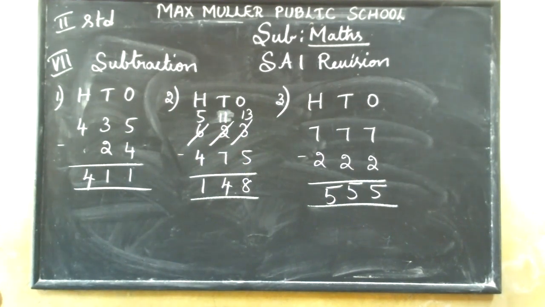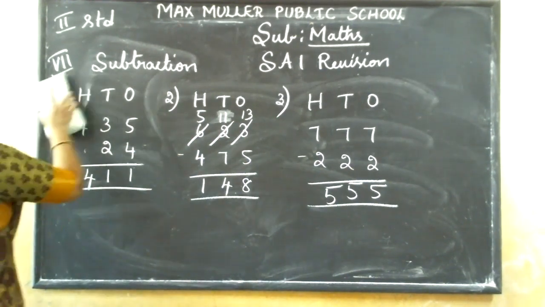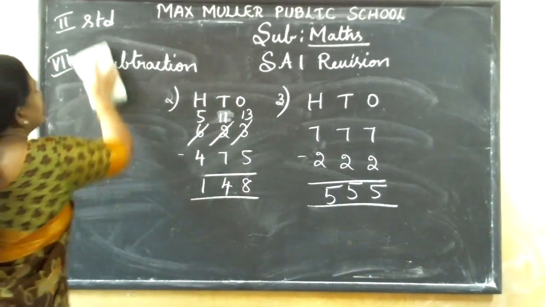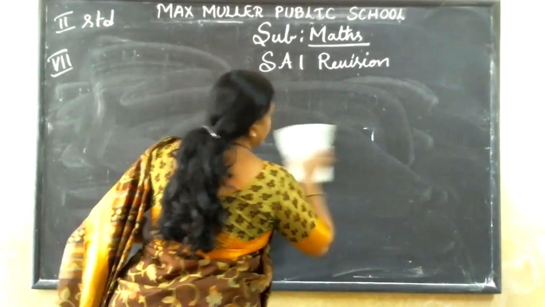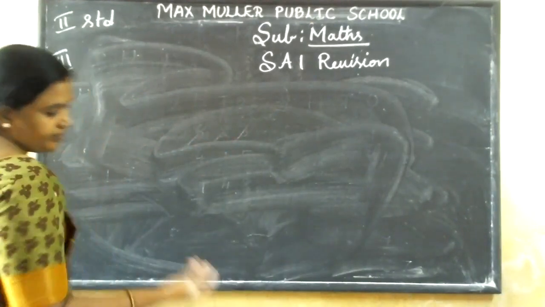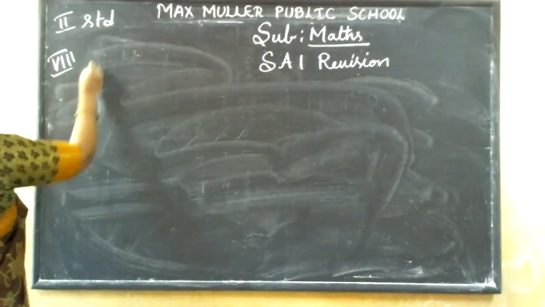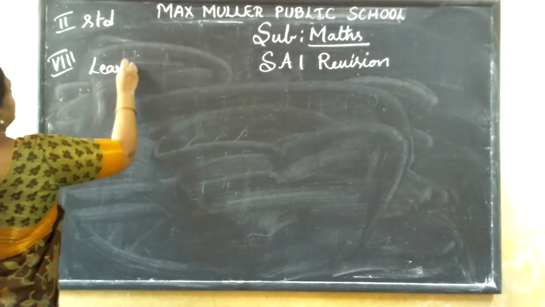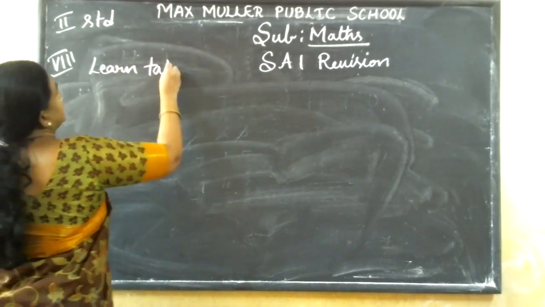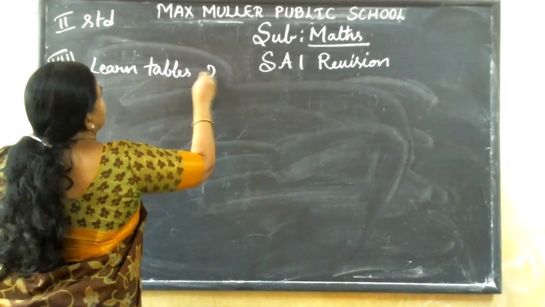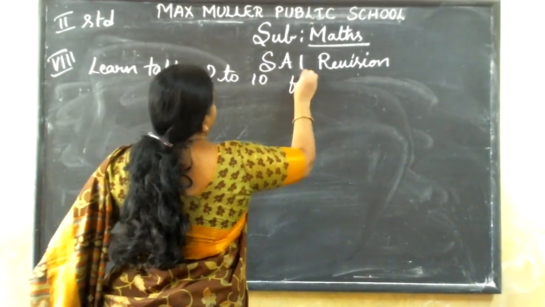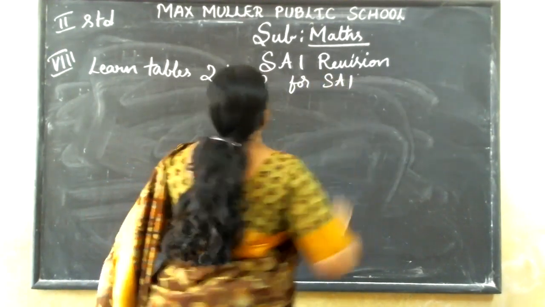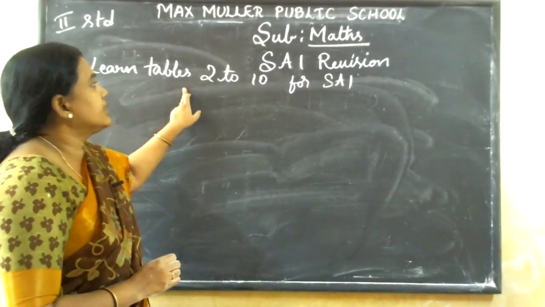Now tables. Eighth main, children. Learn tables 2 to 10 for A7, children. You want to practice 2 to 10 tables for A7.